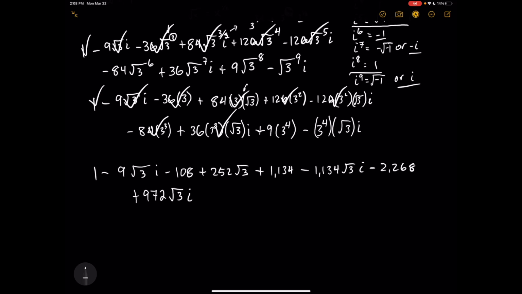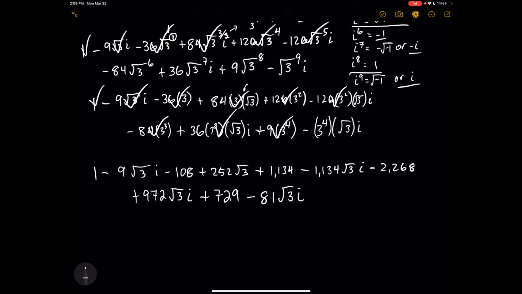Check that one off. Plus 9 times root 3 to the 4th, so 81 times 9, plus 729. And last one, 81 minus 81 root 3 i.